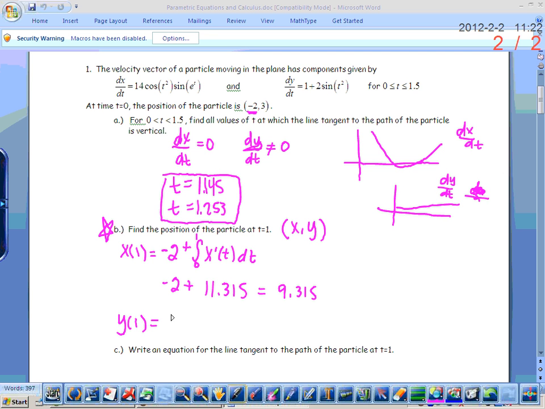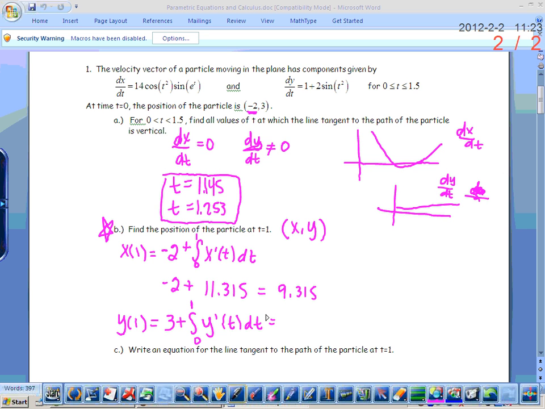So y of 1 needs to be thought of as the beginning y position, which is 3. And between what time period am I interested in the displacement? 0 to 1, right, because the time when y was 3 was 0, and I'm looking for y of 1. So y prime of t dt.